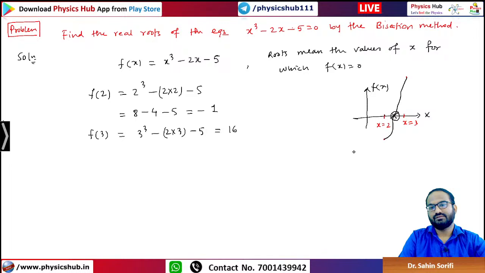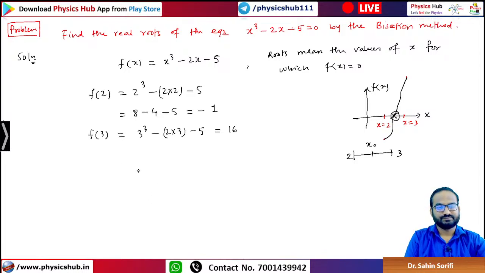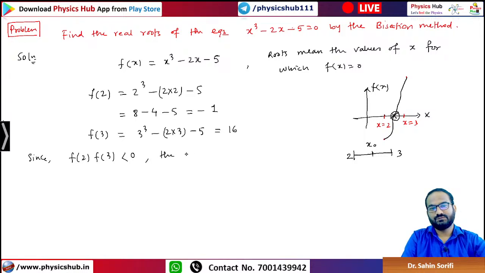So first of all, we have got 2 and 3. So the midpoint, let's say x naught, we are naming it x naught. So since f of 2, f of 3 less than 0, the root must lie between x equals to 2 and x equals to 3.